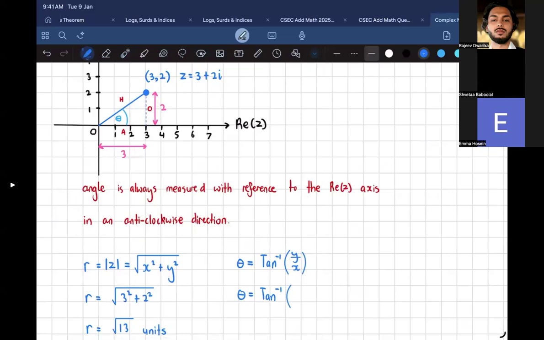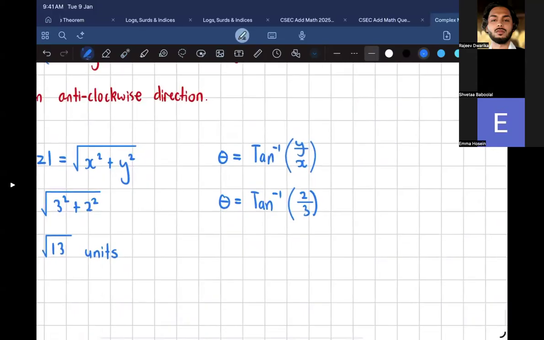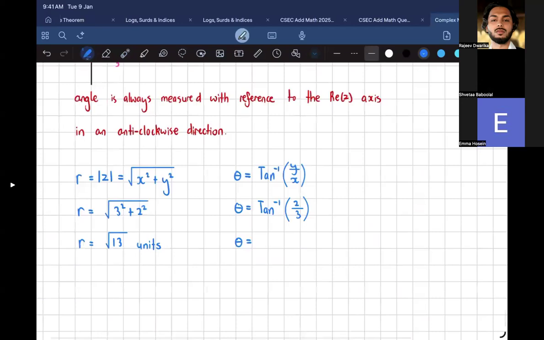So the y value here is 2, and the x value is 3. What's tan inverse of 2 over 3? Degrees or radians? You don't know this off the top of your head. Give me it in degrees for now.